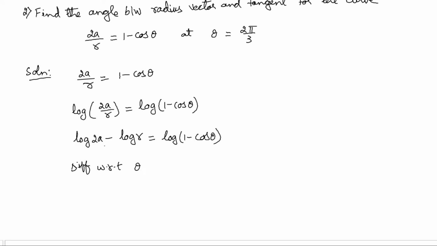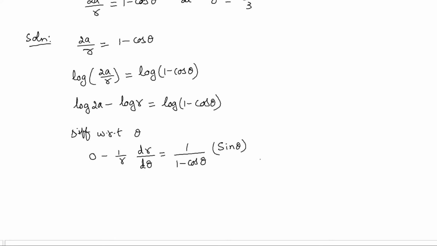The derivative of log 2a, which is a constant, will be 0, minus derivative of log r will be 1 by r into dr by d theta is equal to, log differentiation will be 1 by 1 minus cos theta into differentiation of 1 minus cos theta will be just sine theta, because differentiation of cos theta will be minus sine theta, so minus of minus will become plus sine theta.